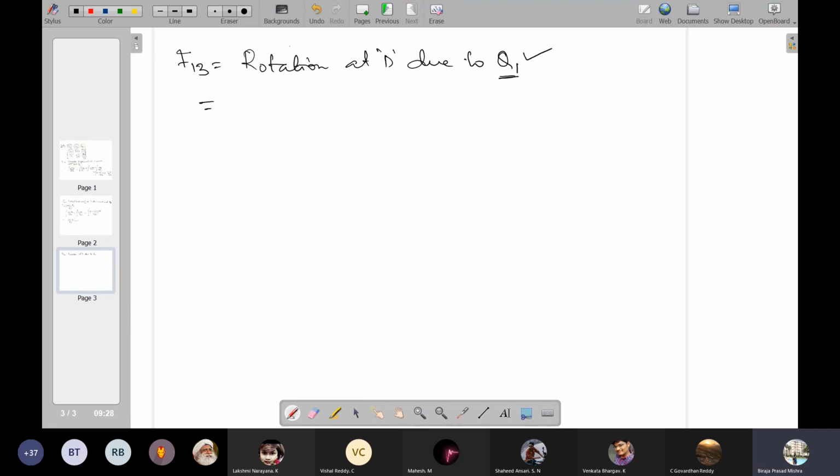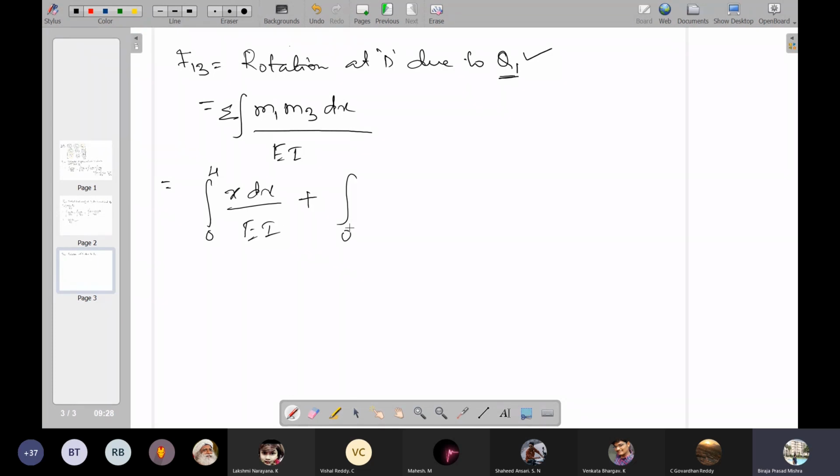So this will be summation m1 m3 into dx divided by EI.